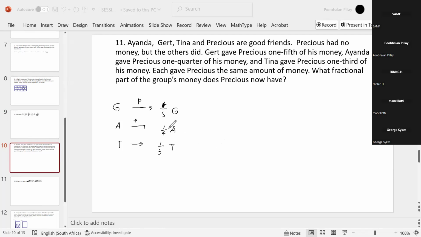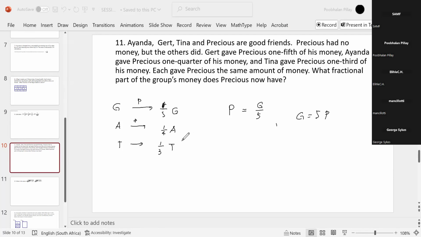So this number is the same as this number, and the same as that number. So what do we have? What did Precious have? Now Precious would have had 1/5 of G's money, which means that G's money is 5 times Precious' money. That's understandable because he gave Precious 1/5 of that, which is P.